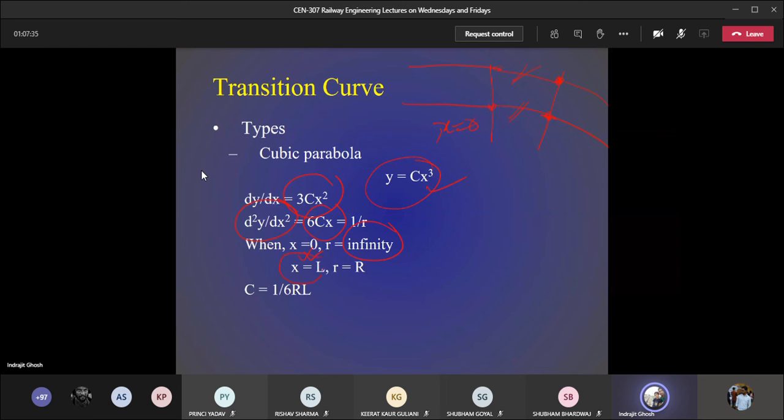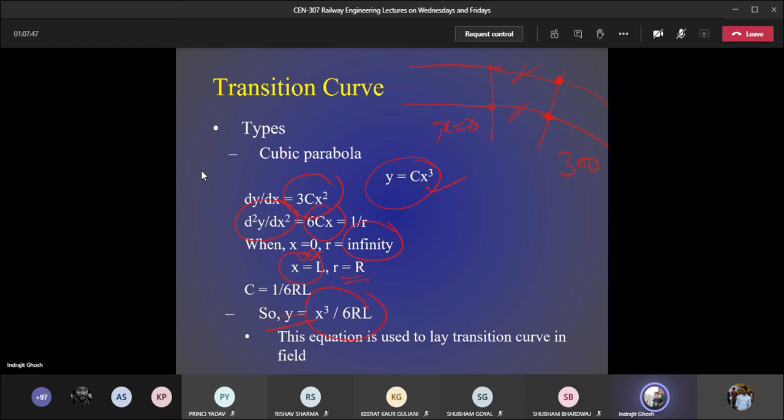So as x is equal to L, we want small r is equal to R, or as per my example, this is 300 meters. So if we replace those, you will be able to see that y is coming as x cube over 6RL. Okay, so this equation is used to lay the transition curve in the field for Indian Railways.